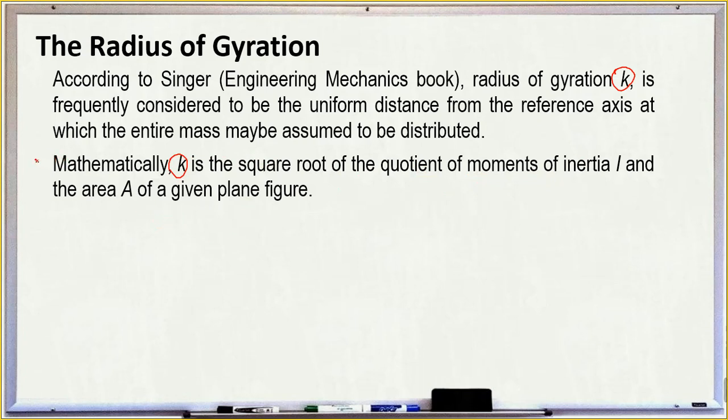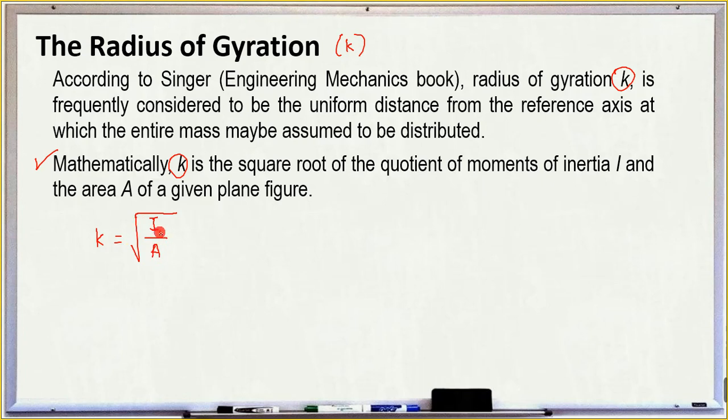If we interpret the second paragraph, K is equal to the square root of the moment of inertia all over the area.